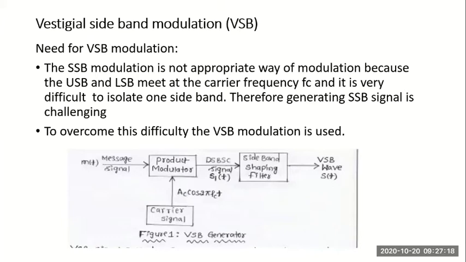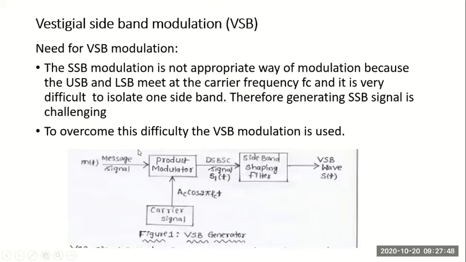So, as I was telling you, we use the same block diagram. Look at the block diagram for generation of VSB wave. You send the message signal m(t) along with the carrier signal Ac cos 2 pi fc t to a product modulator or multiplier, and then the output of the product modulator is the double sideband suppressed carrier signal.